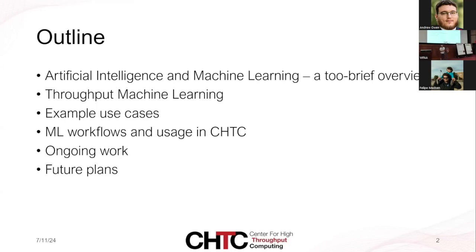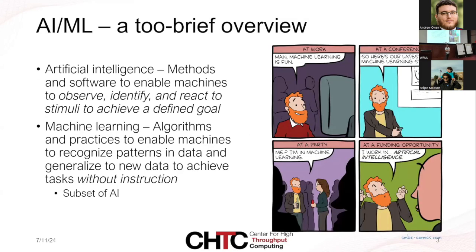Then I'm going to talk about what exactly throughput computing or throughput machine learning is, specifically targeting 3 different sort of some true, some stretched hypothetical use cases that we see within the center. And then I'm going to talk about some of the surveys we've done to understand usage within CHTC, talk briefly about things we're working on and things we're going to be working on in the future.